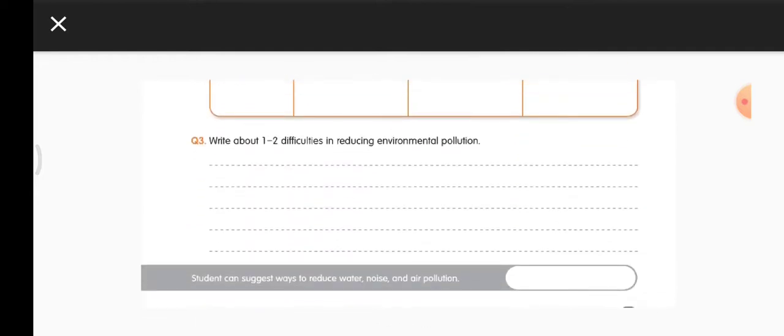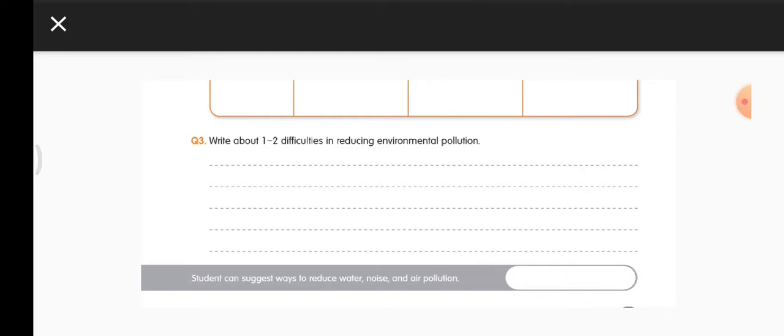Now we move to the third one. Write about 1 or 2 difficulties in reducing environmental pollution, right? When we ask people to buy environmental friendly products, they might say that they are costlier, more expensive. That is one problem.